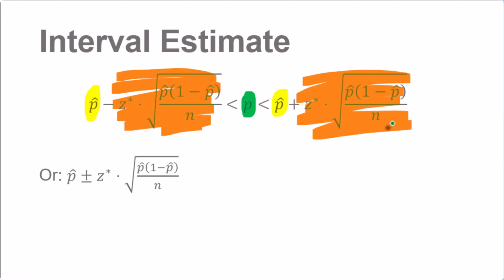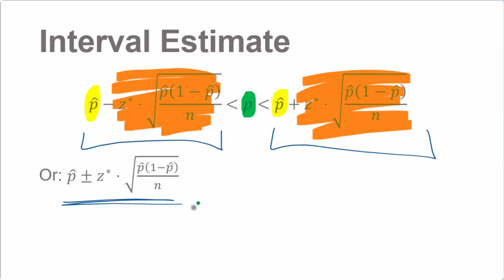I'm writing this as an inequality: p-hat minus the margin of error is less than p, which is less than p-hat plus the margin of error. So we have a lower bound and an upper bound here. But you can also just write this as a plus or minus statement. So p-hat plus or minus the margin of error gives us those upper and lower bounds of the interval estimate.